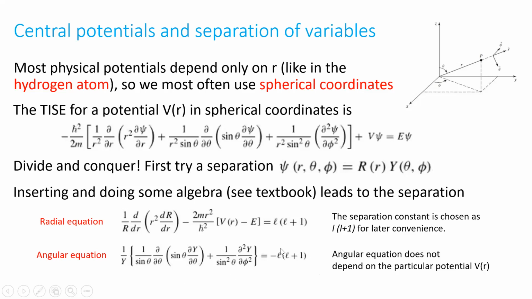We can solve the angular equation in general for the central potential, and the solutions will apply as long as V is a central potential and depends only on the distance r. So the 3D harmonic oscillator, the hydrogen atom, the 3D spherical well, and several other potentials have the same angular dependence. That's kind of nice.